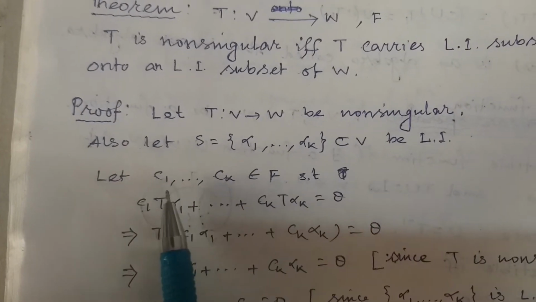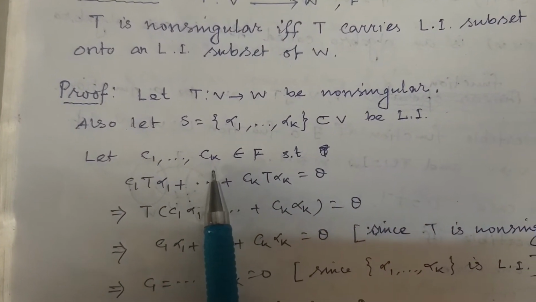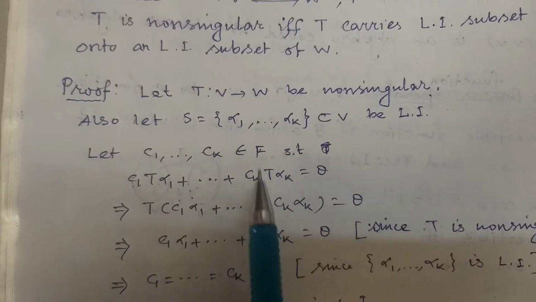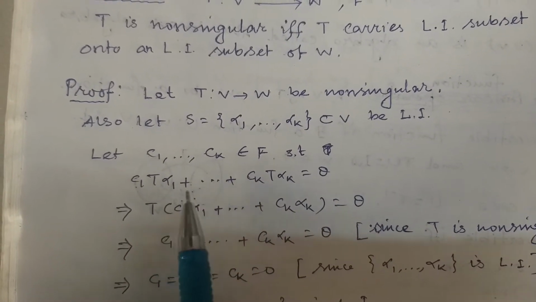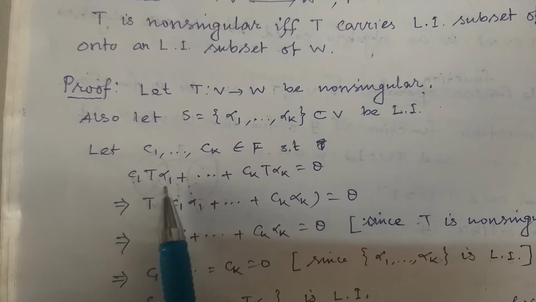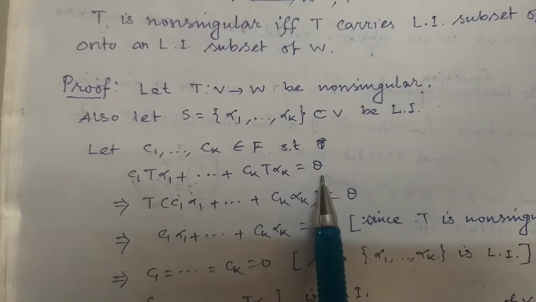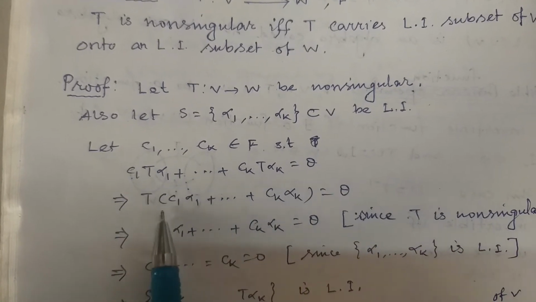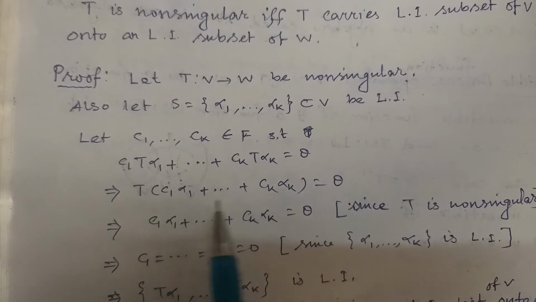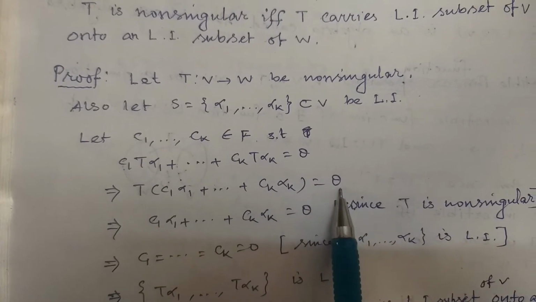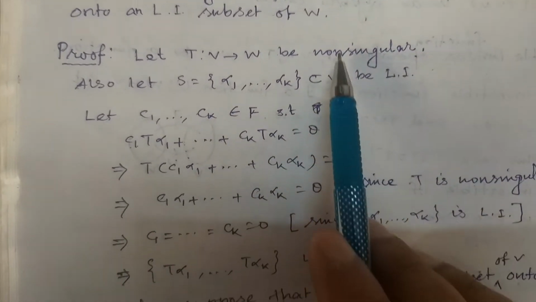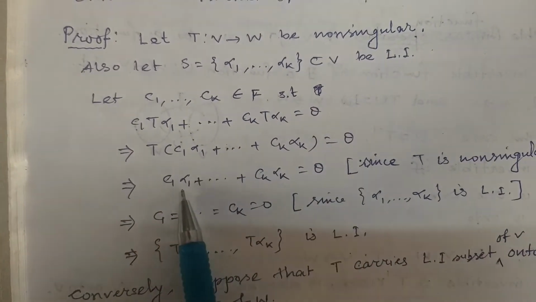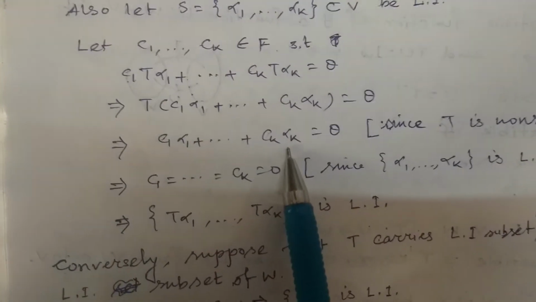Now we choose C1, C2, dot dot Ck from the field F such that C1 T alpha 1 plus dot dot Ck T alpha k equals theta. Since T is a linear transformation, the left hand side will be T of C1 alpha 1 plus dot dot Ck alpha k equal to theta. Now we have assumed T is non-singular, so T of this quantity being theta means definitely C1 alpha 1 plus dot dot Ck alpha k equals theta.